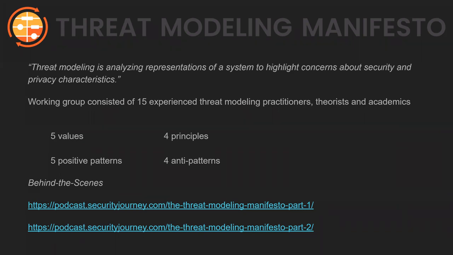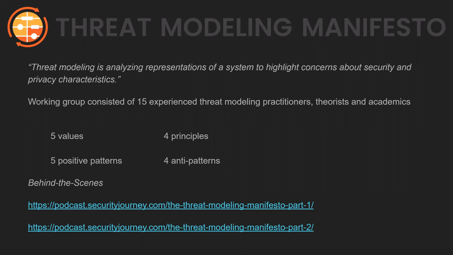There have been many very famous manifestos across history. For our intents and purposes, one of the most famous is the Agile Manifesto, which we took quite a lot from in terms of structure and ideas and what they put forward and the way that they were successful. So we start the manifesto by putting forward that definition. What is threat modeling?